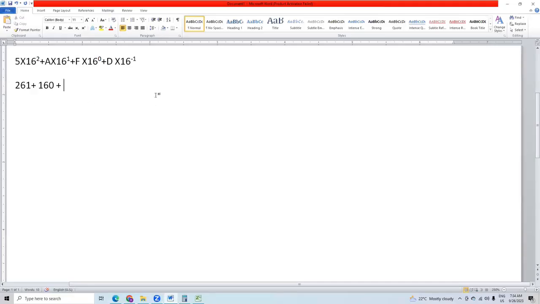So now F stands for how much? 15, multiplied by 16 raised to 0. 16 raised to 0 is 1. Multiplied by 15 is 15. Plus.